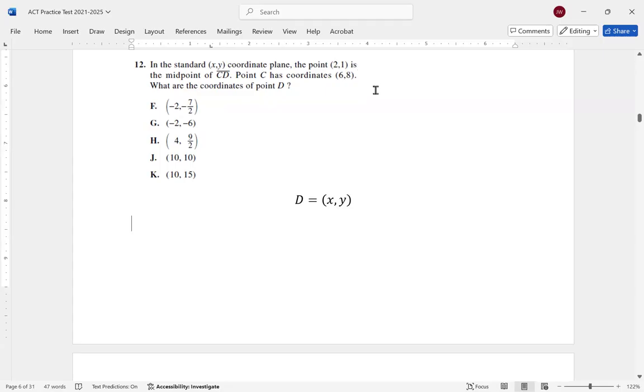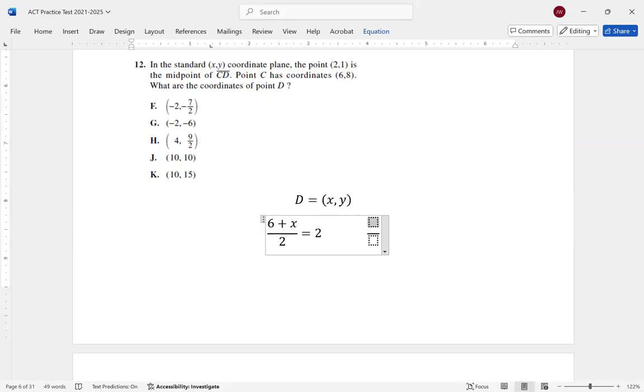Now, whenever we get halfway in between, that's just averaging. So if you look at the X values, this means that my X value of point C, which is 6, plus the X value of point D, which is X, averaged out, so divided by 2, has to give me the X value of the midpoint. So that would be 6 plus X divided by 2 is equal to 2. I can do the same thing for the Y values.